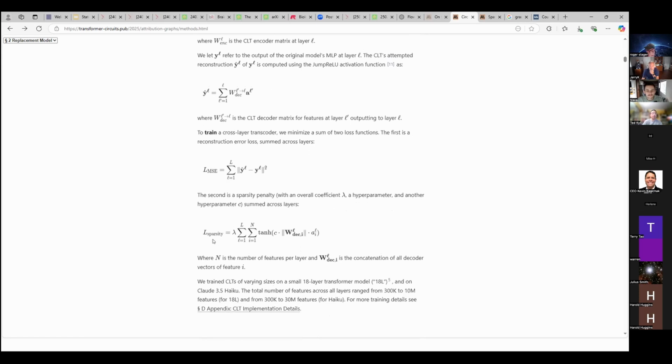We're not going to go into too many more details, but if you look here, the sparsity penalty, this L sparsity, has our magic constant lambda here. And the really weird thing that they do that I think is kind of clever is here you can see there's the weights, and they're taking the norm of this, and do they actually say that this is the L1 norm or not? I'm not really sure.